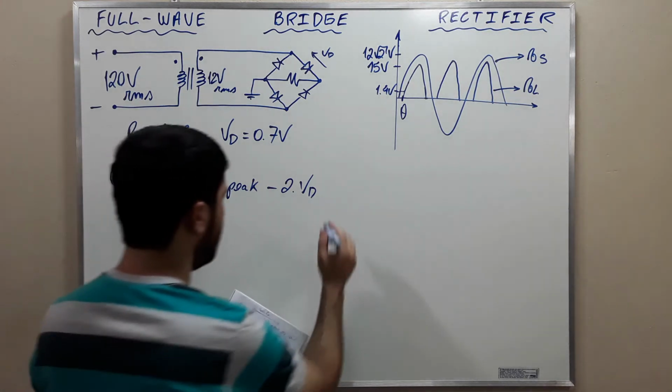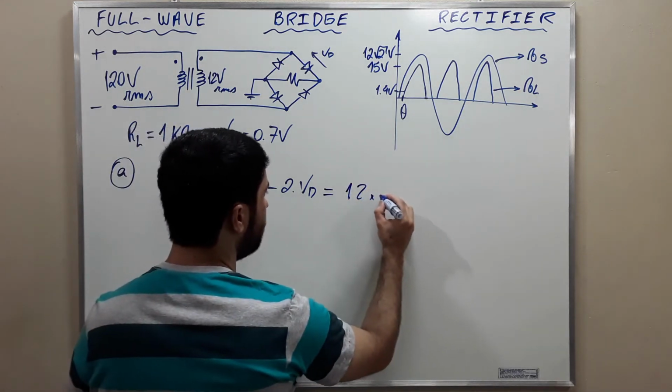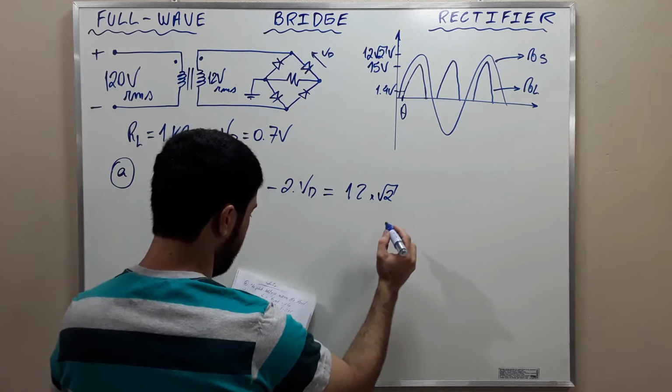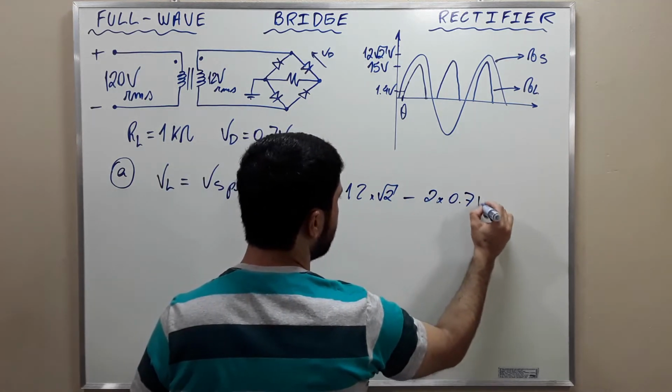Then we find that it is going to be equal to 12 times the square root of 2 minus 2 times 0.7 volts.